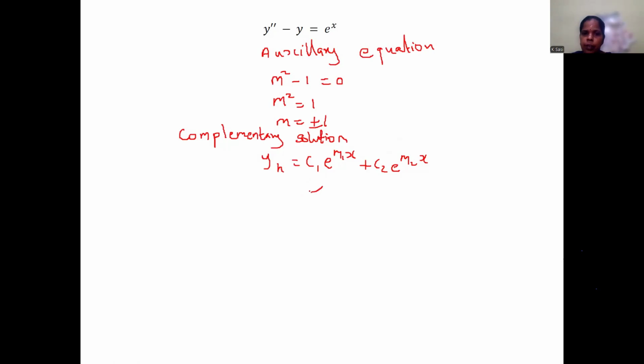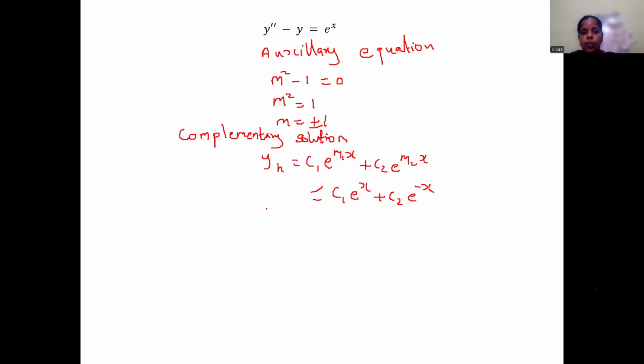So you'll be having the root as c1 e power 1x, which can be written as e power x, and c2 e power minus 1x, we can write it as e power minus x. So we will assume this value as y1 and this as y2 and find the Wronskian.